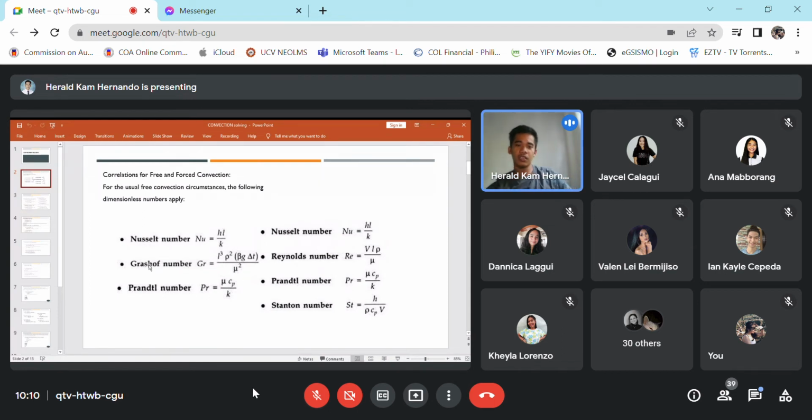The same with the free convection. But this one, yun nga, dahil nga sa mga inertial forces, bago makuha si heat transfer by convective at bago makuha si heat coefficient, itong mga Nusselt, Reynolds, yung mga dimensionless numbers natin, may mga inertial forces tayong kailangan.